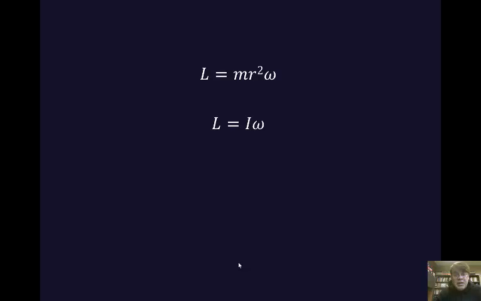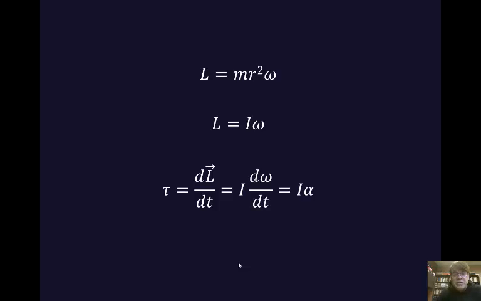Now, torque is, as we saw earlier, the instantaneous rate of change of angular momentum per time. And so, if I then take the derivative of I omega, then I have I, which is a constant, times d omega dt, and the instantaneous rate of change of angular velocity is angular acceleration.